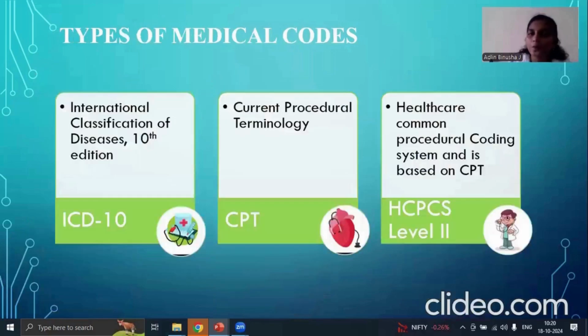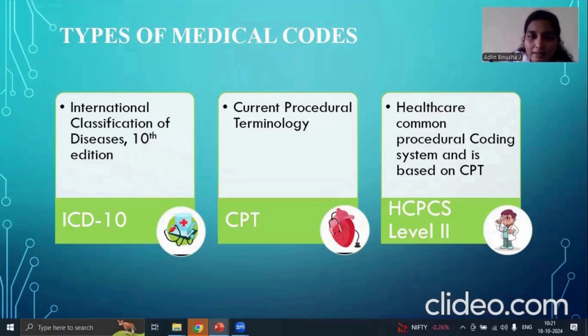Now we are properly entering into medical coding. We already studied what medical coding is, what the code is, what medical billing is, and the medical transcriptionist. I have explained every basic clearly. Now we are jumping into medical code types. There are three types.